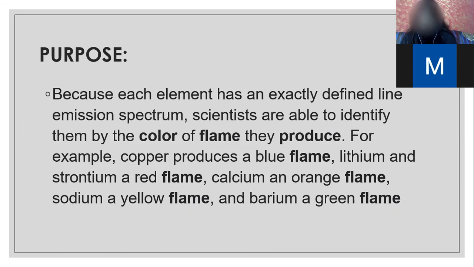It means that each element has a different emission spectrum. They emit different wavelengths of light, and in this way they produce colored flames which are also different. And in this way, the scientists are able to identify them.